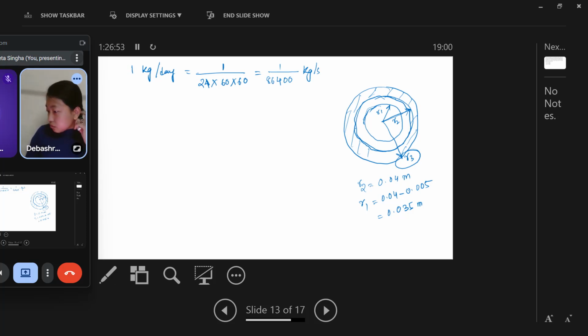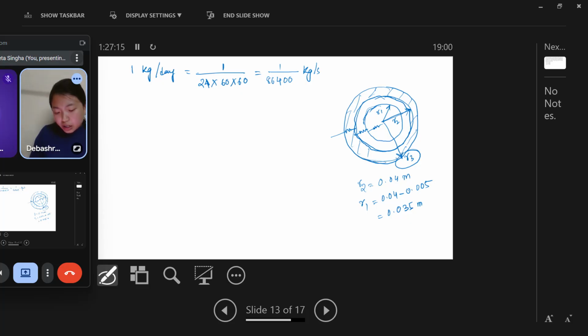Okay, so here again there are resistances. Again you have to draw the resistance network here. This is one resistance, this is another resistance, then because of the fluid there is this one, you don't need to consider.